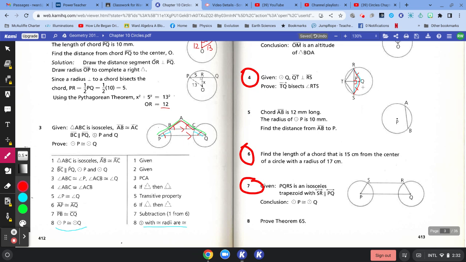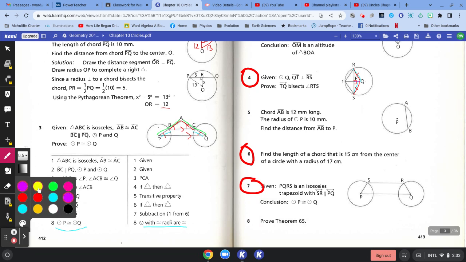Now, the next thing we know is that QP is itself. So we'll use purple for that. So QP is itself. So we can use hypotenuse leg to prove that RPQ and SPQ are congruent. Now, once we've done that, then we'll be able to have established that angle TQS and TQR are congruent.